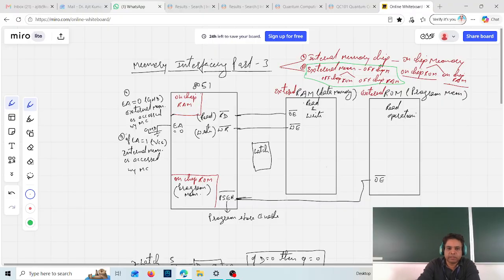Where I have shown this latch here. Let me draw this latch in red color so that it is not mixed. So let's say this is your latch.